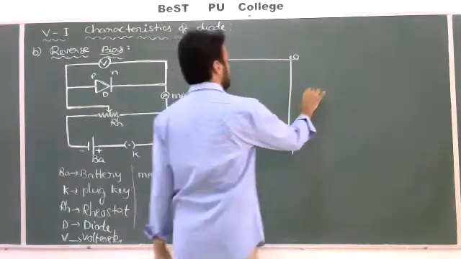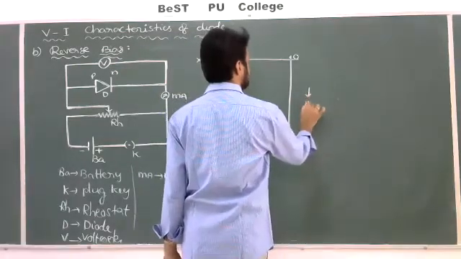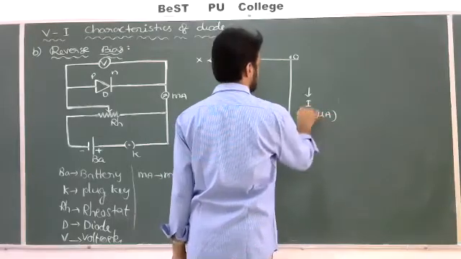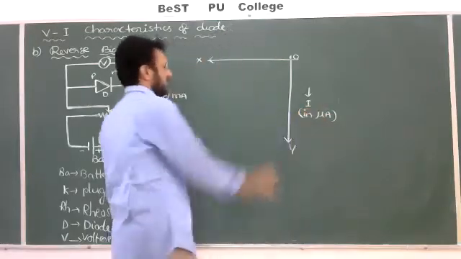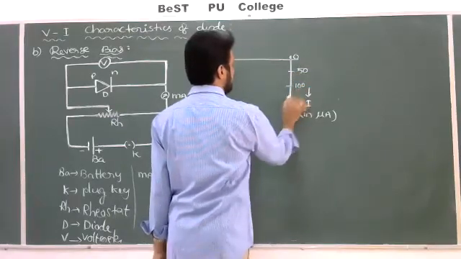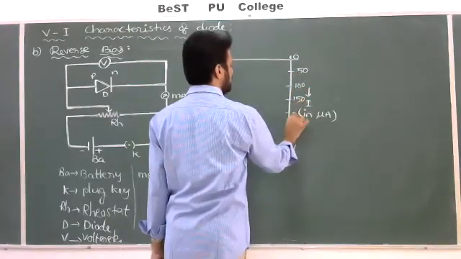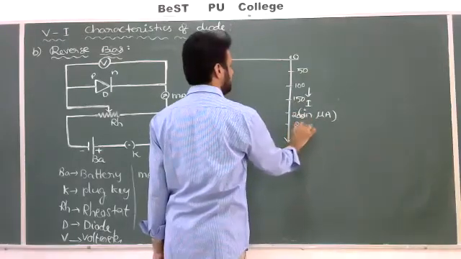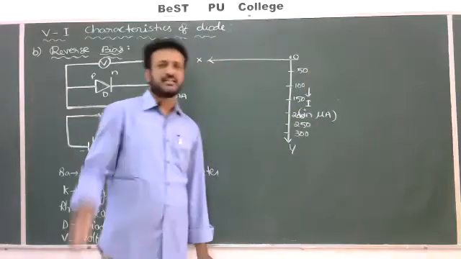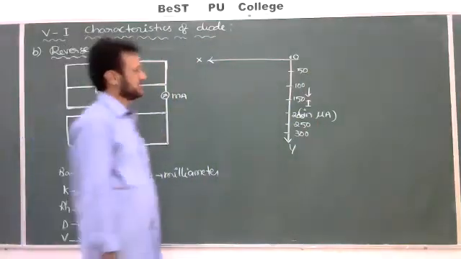Now the current I is in microamperes, very small current flows in the circuit. Microampere, like you may take 50, 100 microampere, 150, 200, 250, 300, 400 and so on.